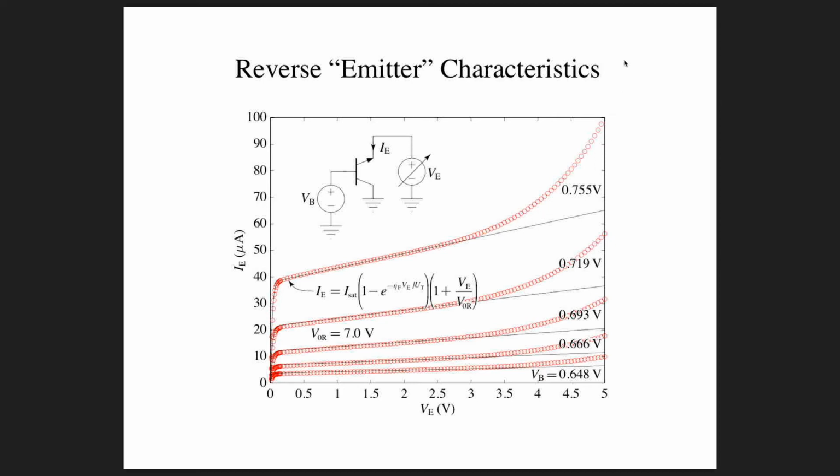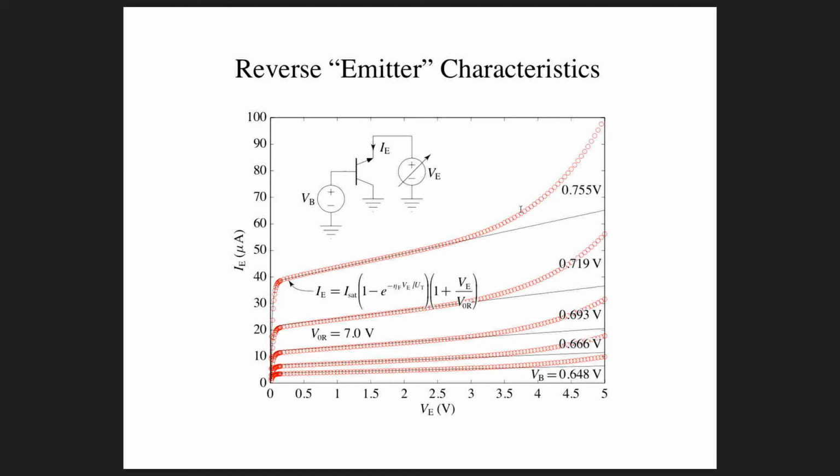This curve basically goes toward a vertical asymptote, and unless it's current limited, that's usually a recipe for burning the device up. And so you typically don't want to do that. It does break down in the forward active direction as well, but it breaks down at a much higher voltage.